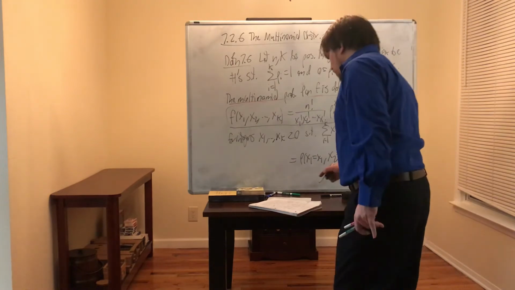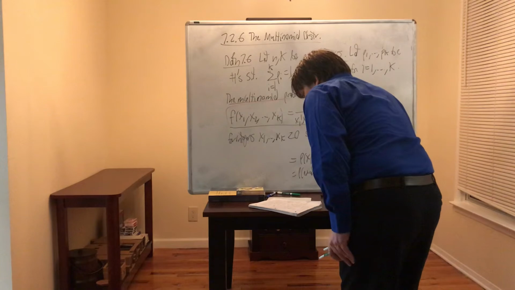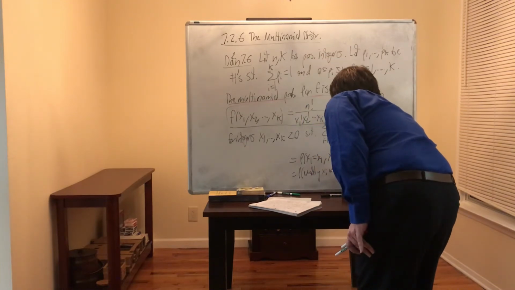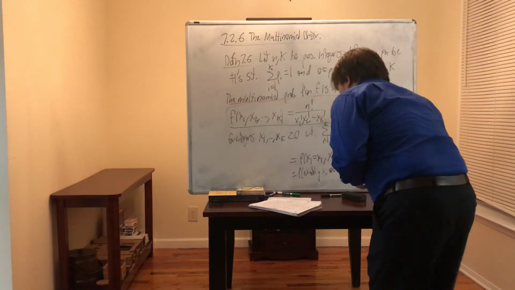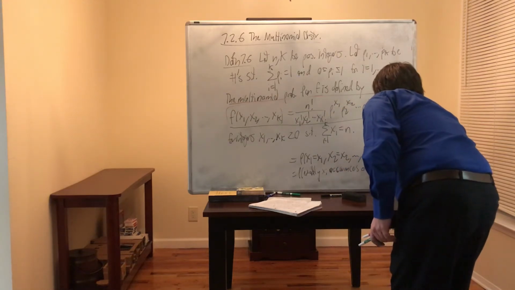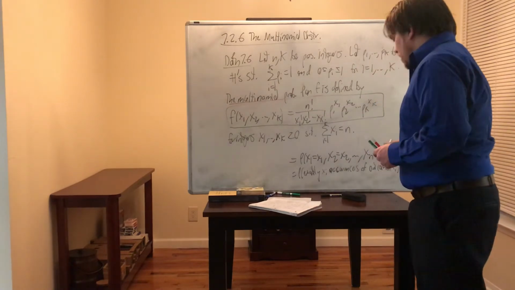Which is the probability of exactly x sub i occurrences of outcome A sub i for i from 1 to k.